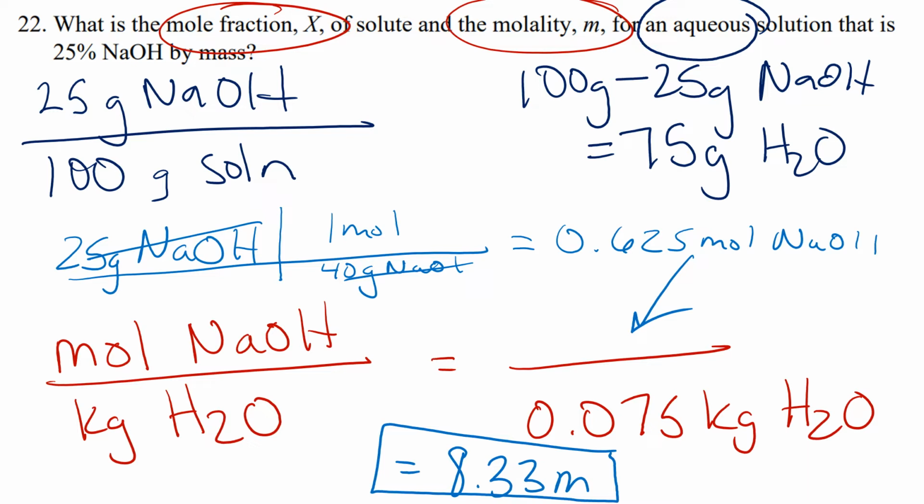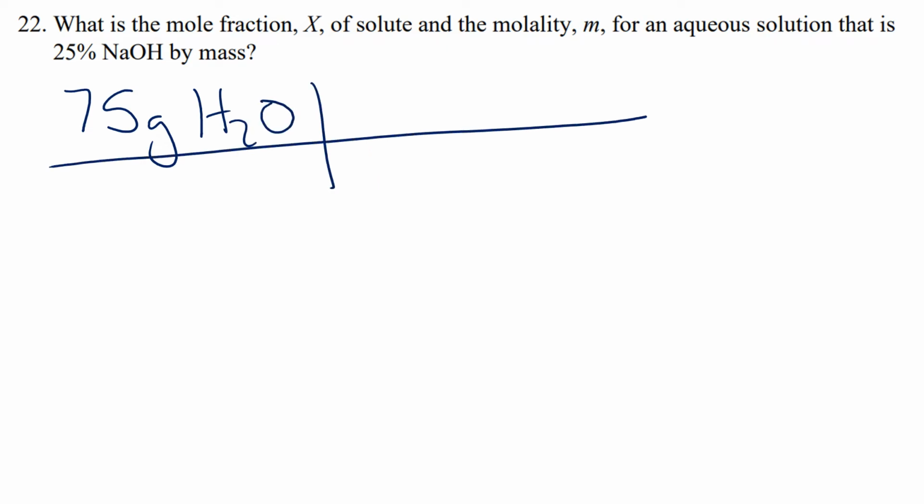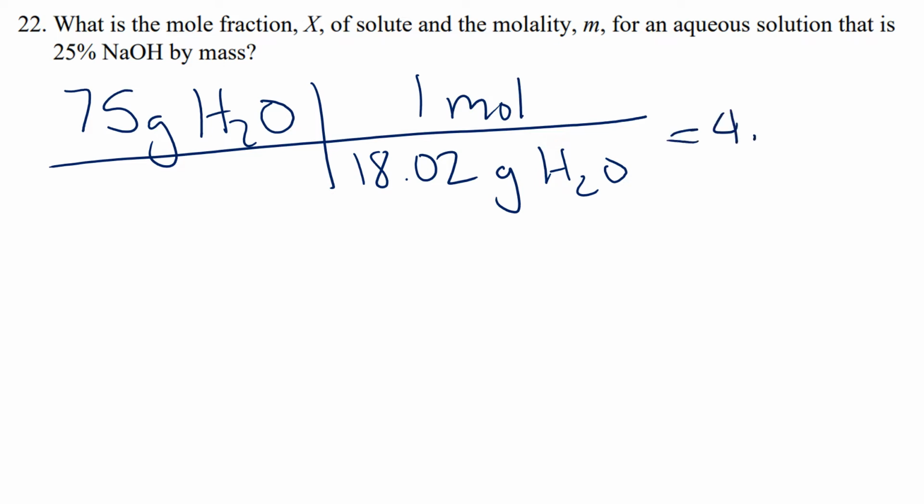Now we need to know our mole fraction. We now know moles of NaOH. We need to figure out how many moles of water. If I have 75 grams of water, and I want to get to moles of water, I need to use the molecular weight. And that gives me 4.162 moles of H2O.